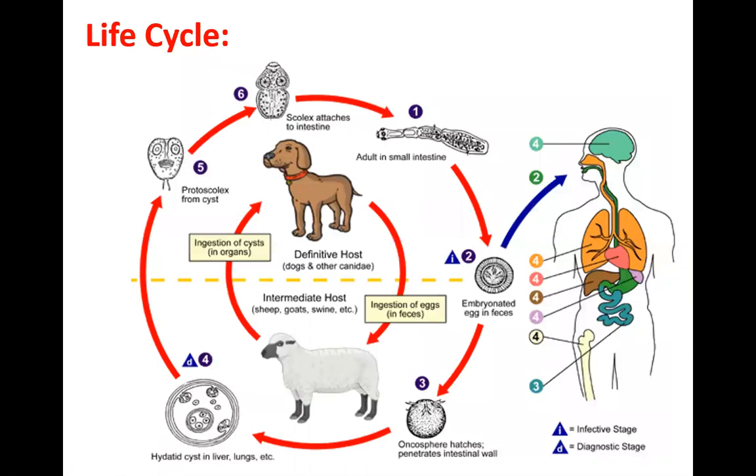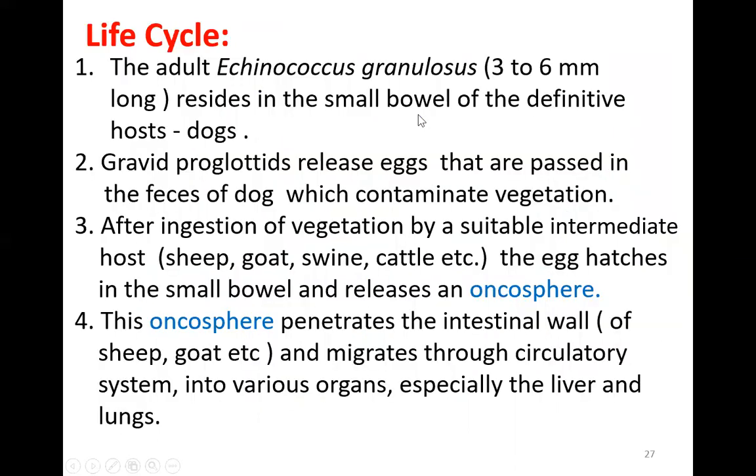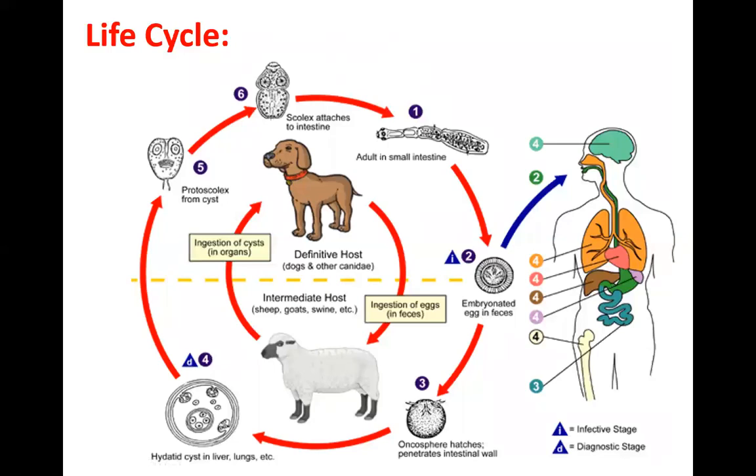About the life cycle of this parasite, it is a zoonotic disease, and the definitive host is the dog and other canines. The parasite lives in the intestine of the dog, attached with the help of hooks and suckers to the mucosa of the intestine.